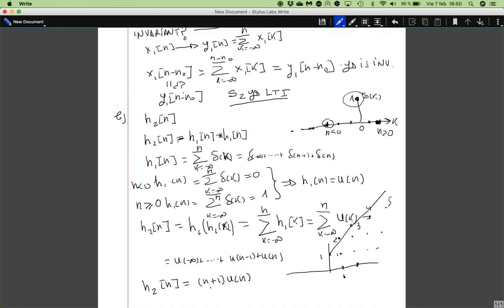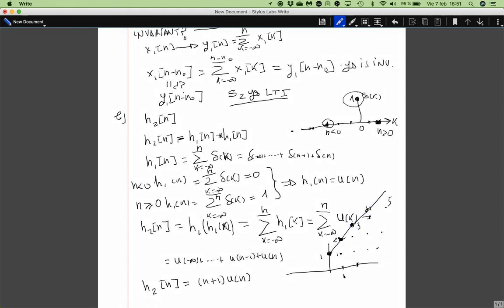So for n equal to 0, we have u[n]. Or you can have the signal n plus 1 beginning at n equal to 0. So n plus 1 has value 1 for n equal to 0, a value of 2 for n equal to 1, a 3 for n equal to 2, and all the way up.